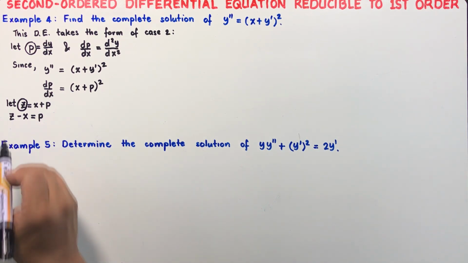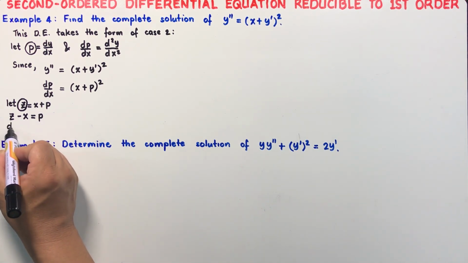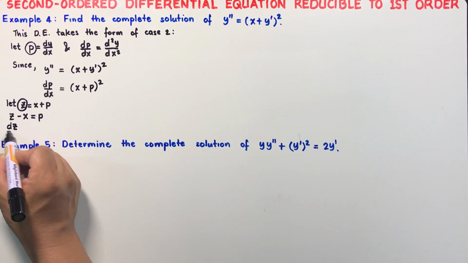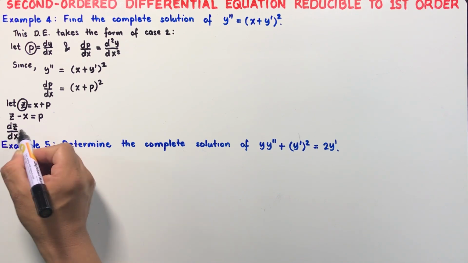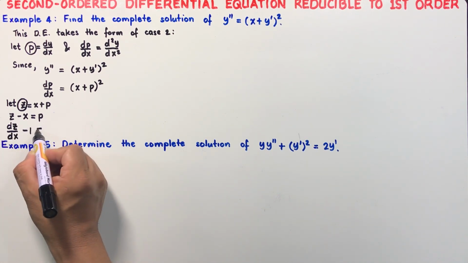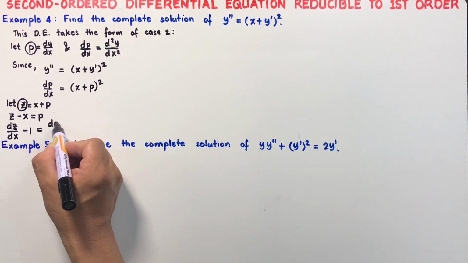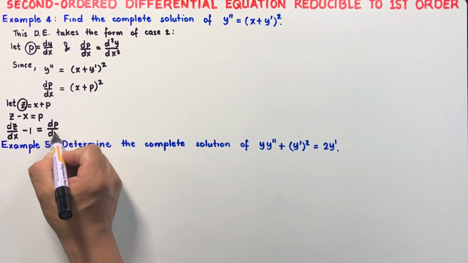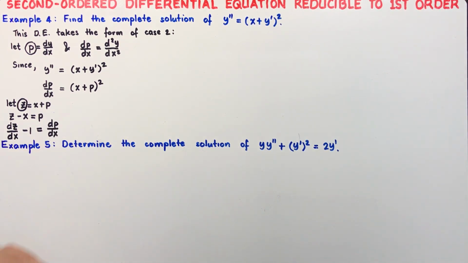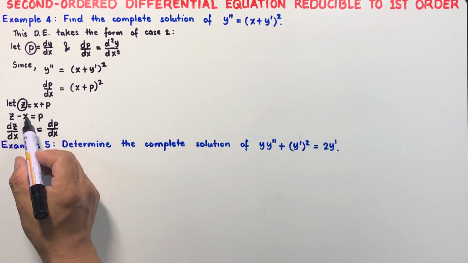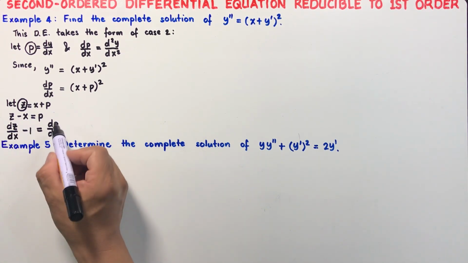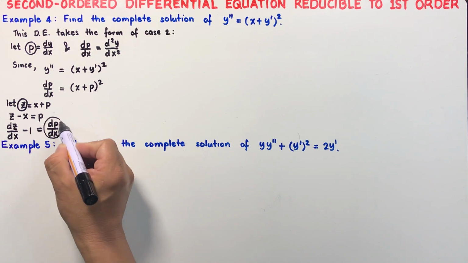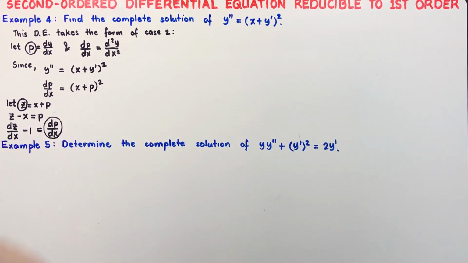So taking the derivative of z with respect to x, we have dz dx minus 1 equal to the derivative of p with respect to x, because the derivative of x with respect to x is 1. So this is our value of dp dx.